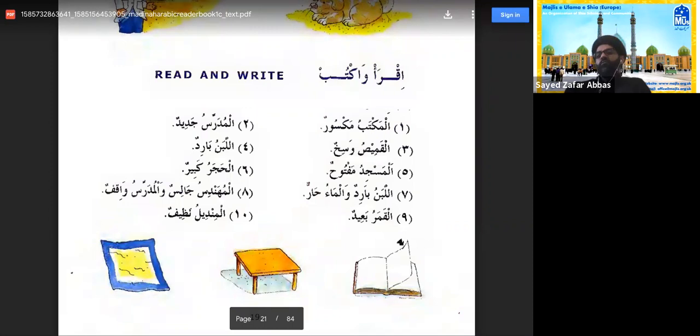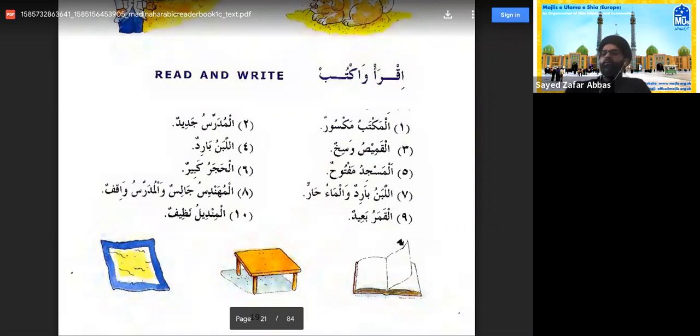Number 2, al-mudarrisu jadid. Again, we learned about mudarris and about jadid in previous lesson. So al-mudarris, the teacher, jadid is new. Al-qamisu wasikh. So it's the opposite of what we learned in the example previously. We learned al-qamis or nadif, the shirt is clean.